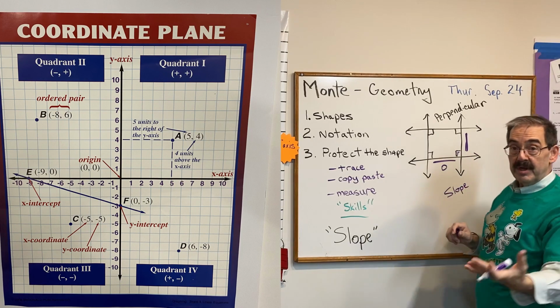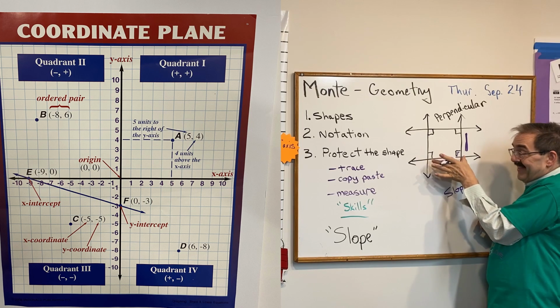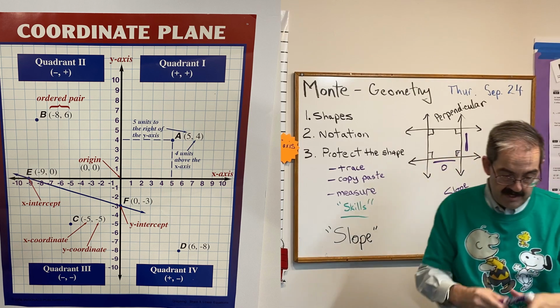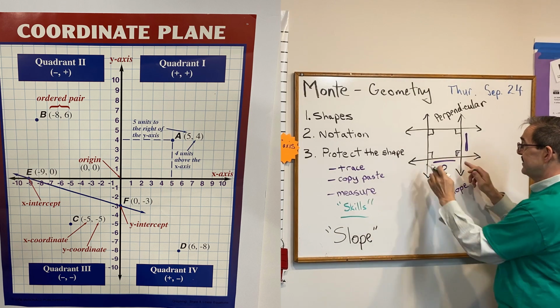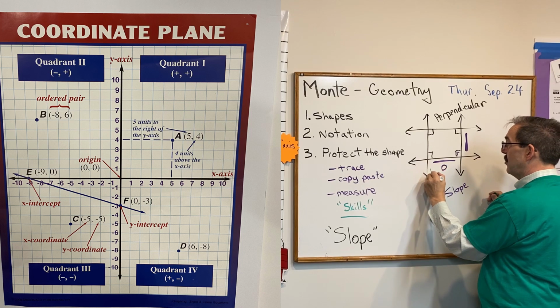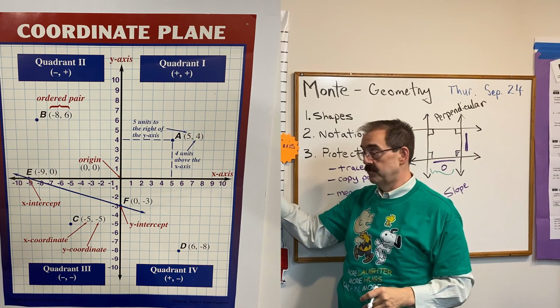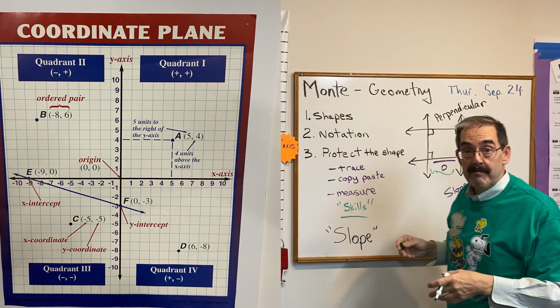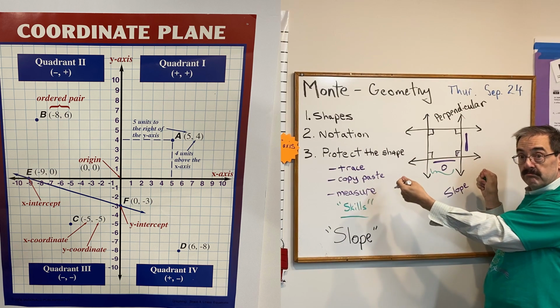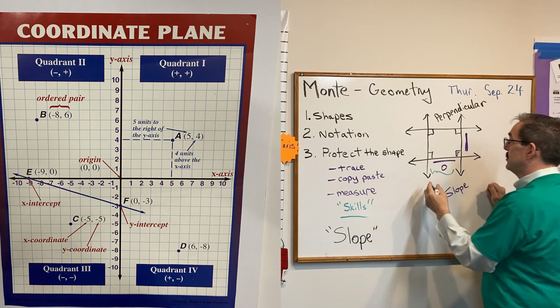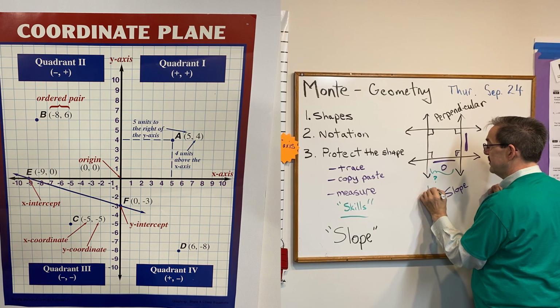Then the following week, we've got to be able to find that distance, all right? We've got to be able to find this distance. How long is that line? Well, if it's on a graph, 1, 2, 3. If it's on a map, we grab a ruler, right? Okay, so how long is it?